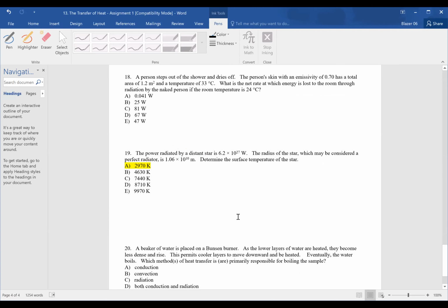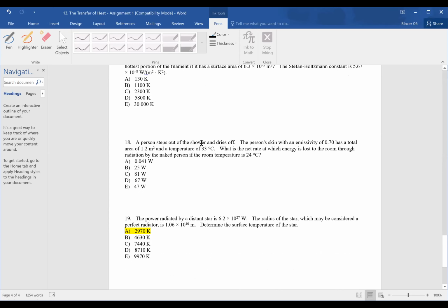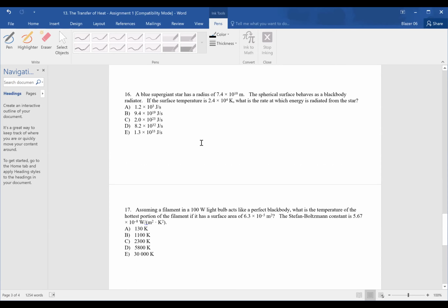So now you should be able to use what we learned in this problem to do 18, 17, and 16. Remember, the rate at which energy is radiated from the star is a joule per second, which is, of course, a watt. The temperature has to be in Kelvin.